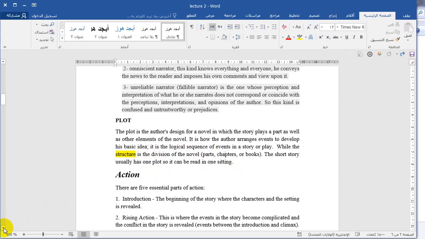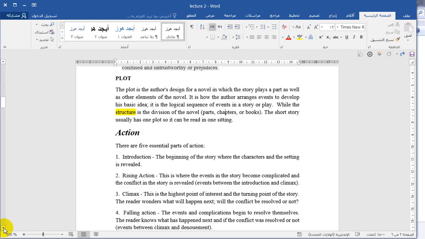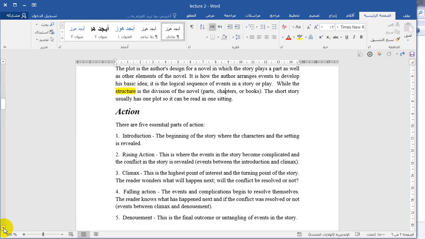Plot is not the action itself. With action, we know what we mean by it. Action is the essential events of the story that change the course or the consequences of the whole story.